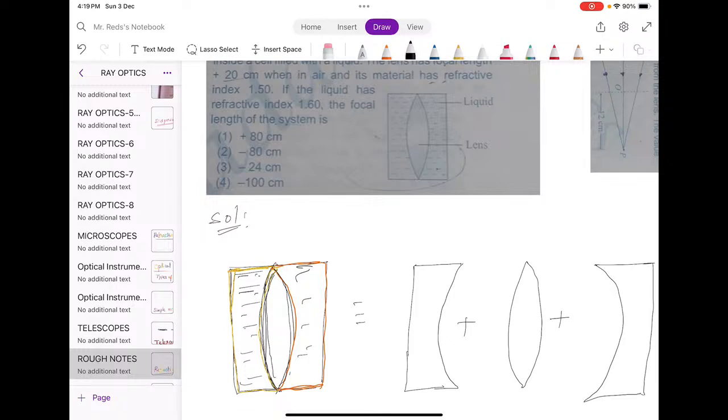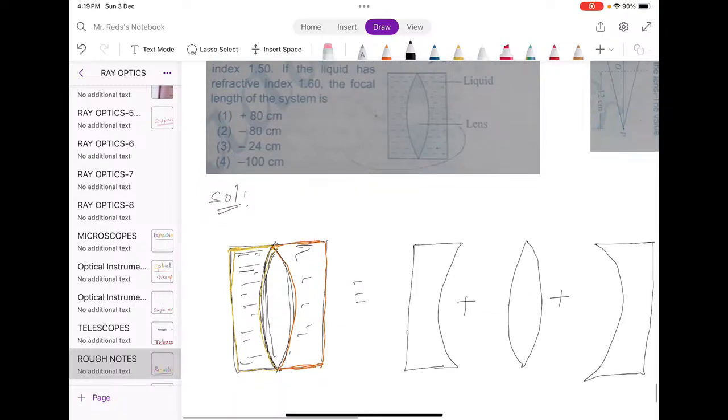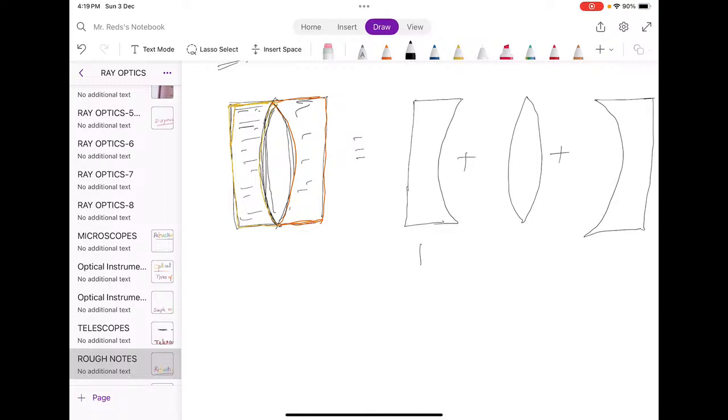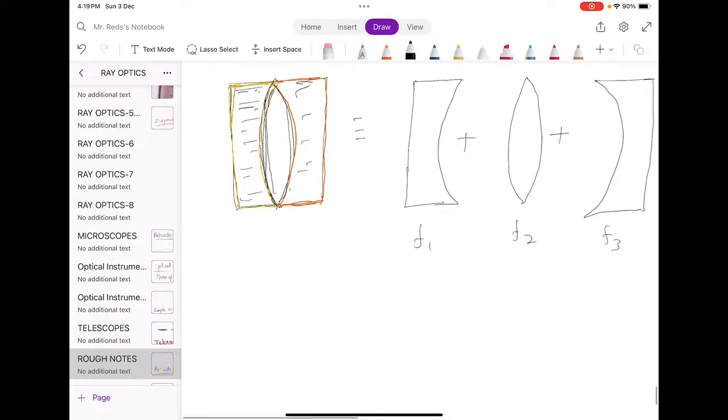For the focal length to be 20 centimeters, what are the values of R1, R2? I can take the focal length of the first part as F1, the second part as F2, and the third part as F3.